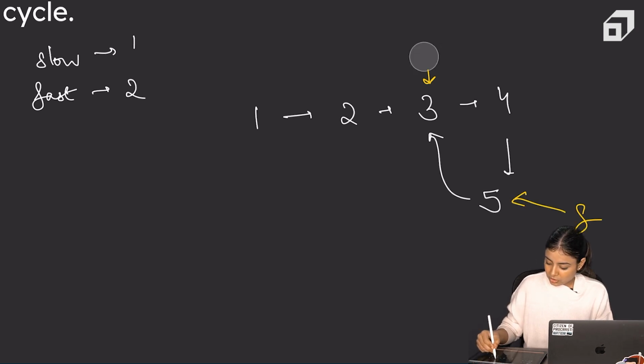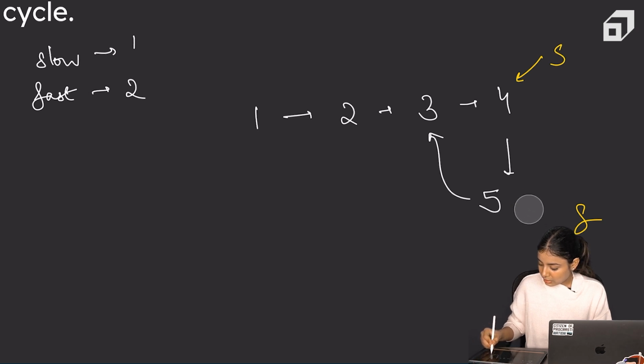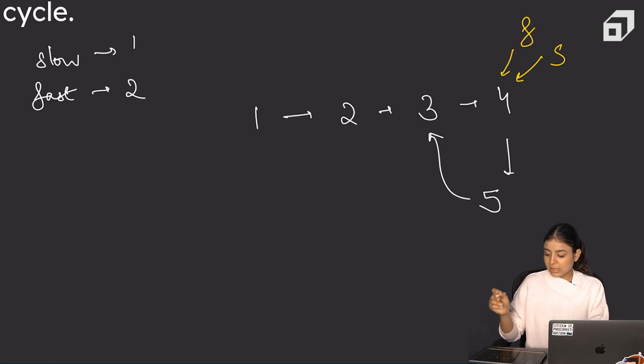In the next iteration, slow will come here and fast will come 1 and 2, so here. And I see slow and fast again are meeting at a common point, right, then that means there is a cycle in this linked list.